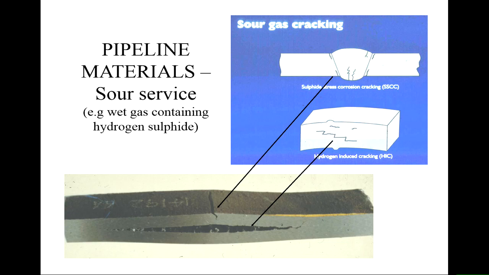So when we're talking about selecting materials for the application, we've talked about strength and toughness and weldability. They're not the only criteria that you have to think about. You have to think about corrosion and the longer term service as well. But there are simple solutions.